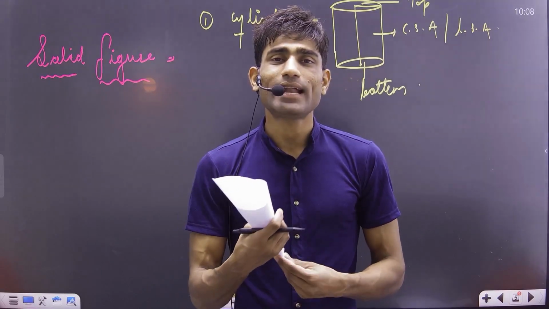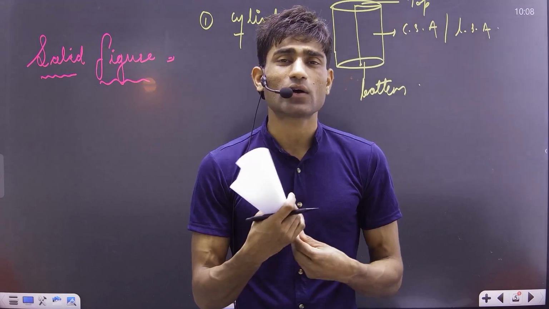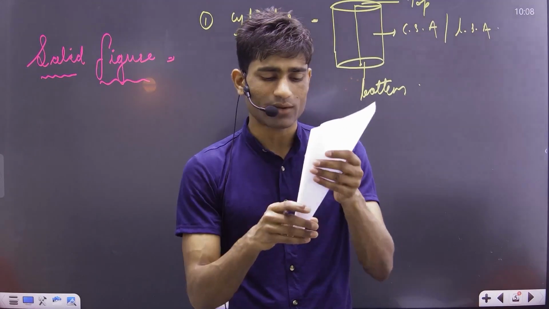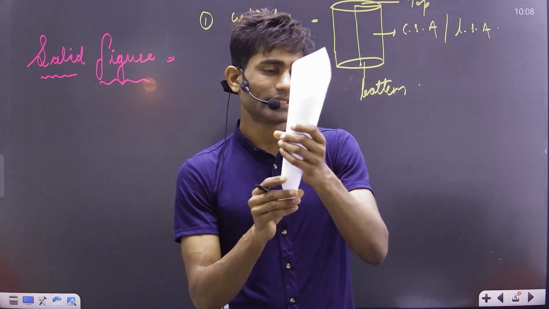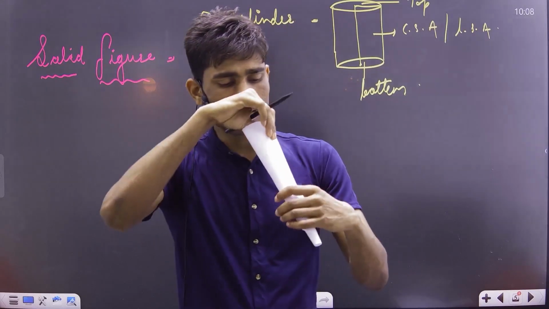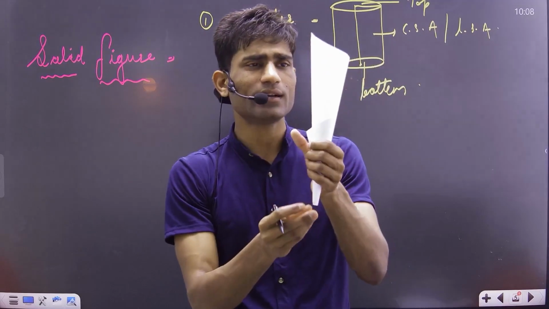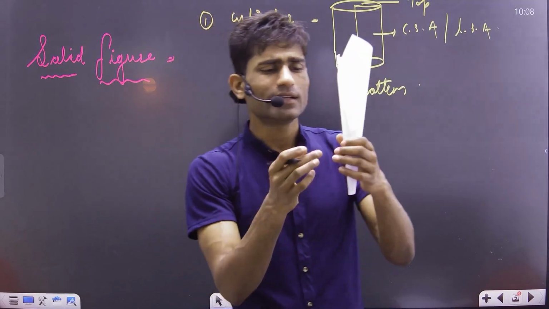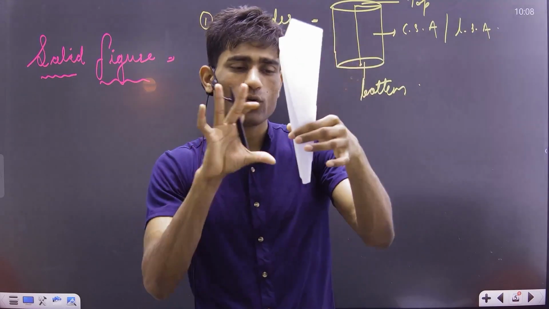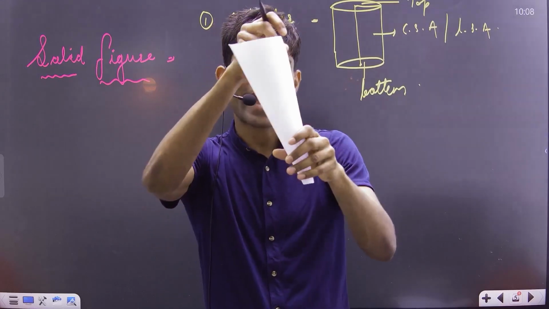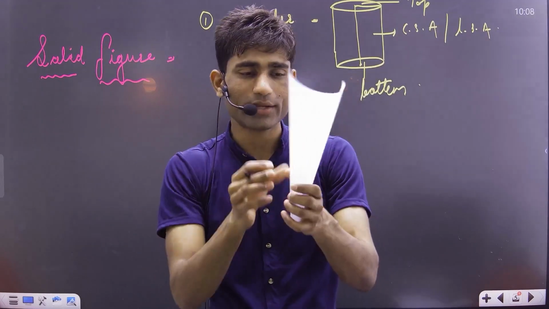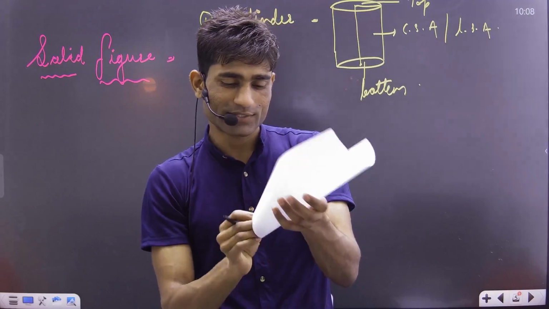Now see that the conical shape looks this way. Just for your better understanding, I'm trying to make solid shapes here. Just consider this one is a cone. I am not able to build that cone, but you all have to understand this one is the cone.